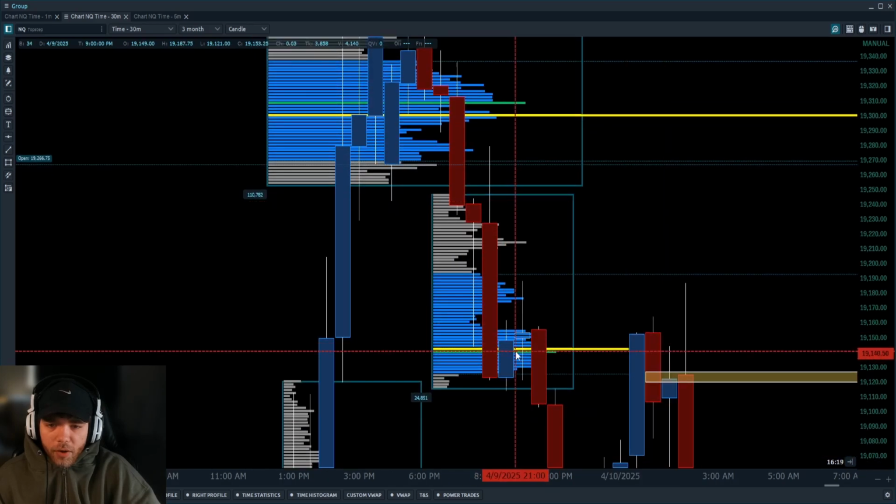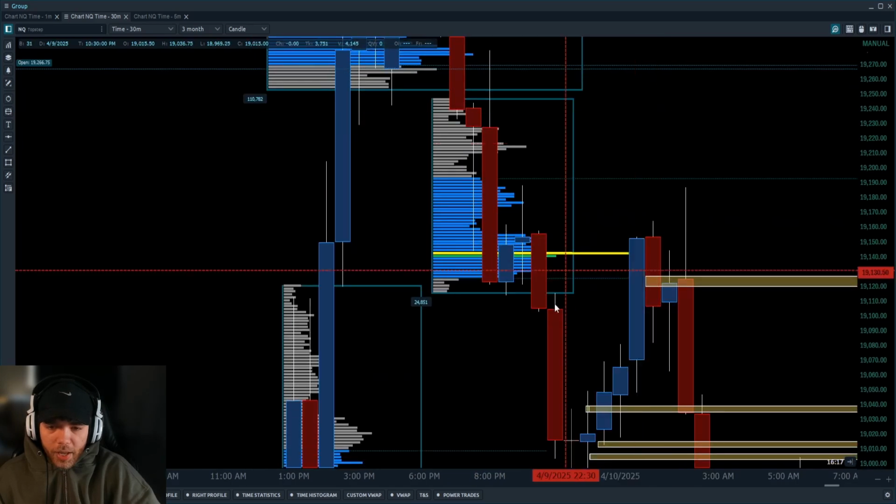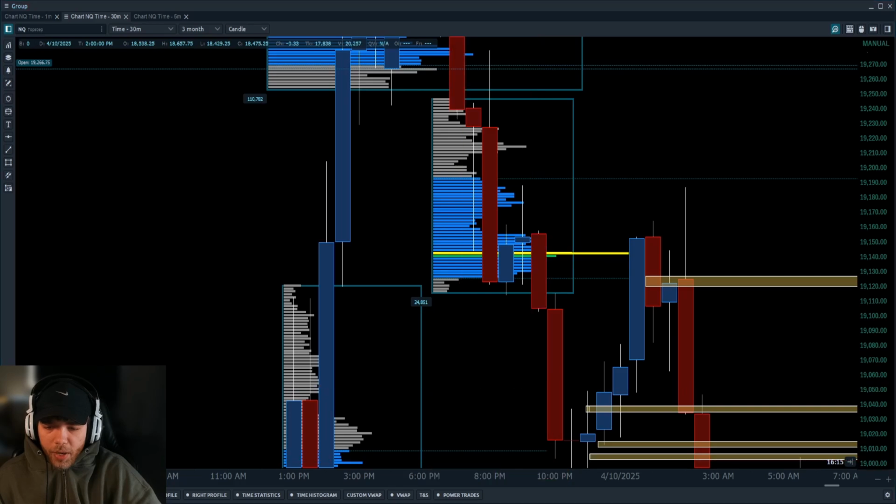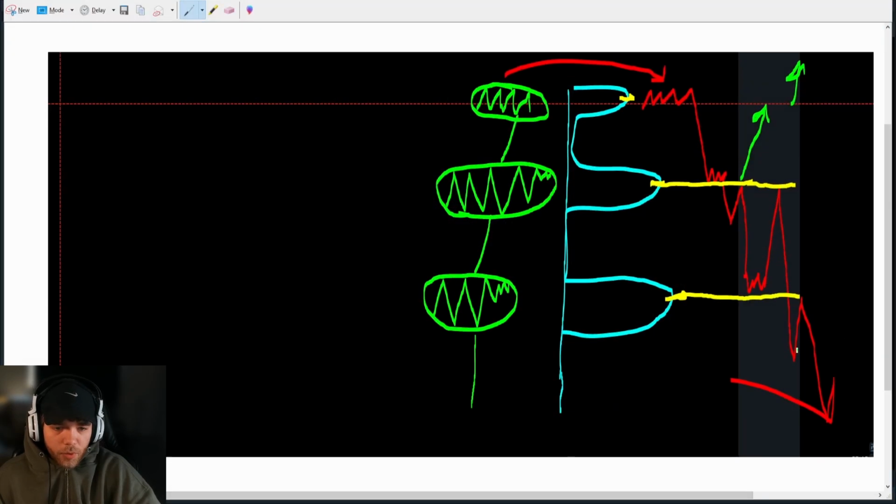We found a new area of balance, and we lost it again. So going back to our drawing, we're here at this point. We lost this area of balance. We trended lower. We broke that area of liquidity, lost it, retested it, and then continued against the trend and reversed.